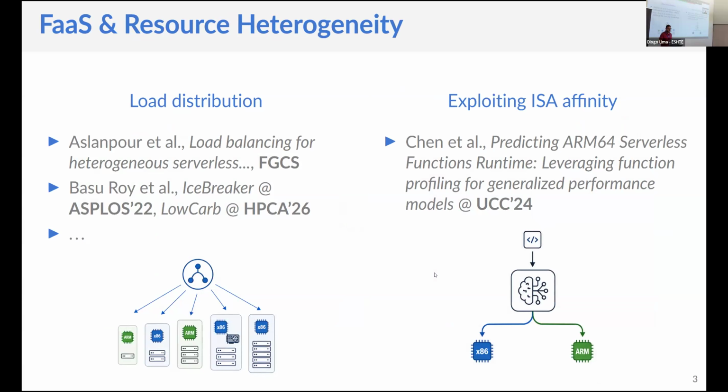The work closest to ours focused on the CPU architecture, trying to understand if functions have some architectural affinity, so if a function is, I don't know, faster on ARM compared to x86. In particular, the existing works try to leverage limited profiling data to predict whether a function will be faster on a certain CPU architecture rather than the other.